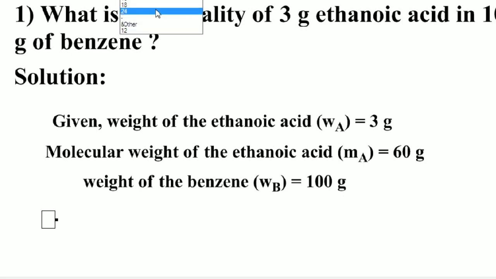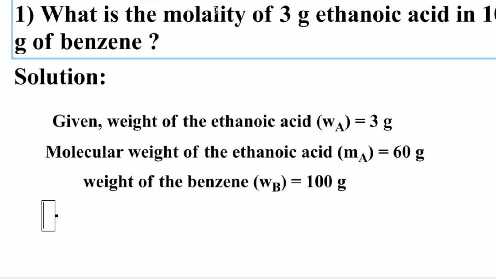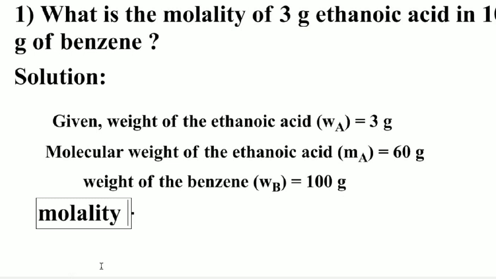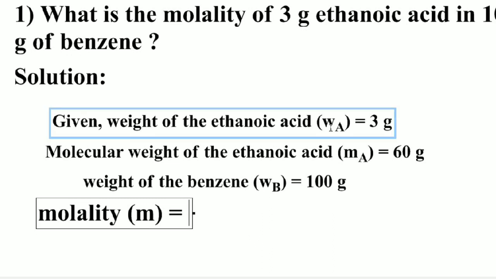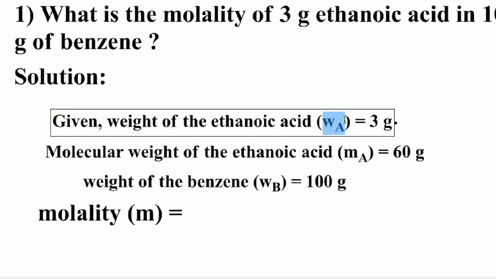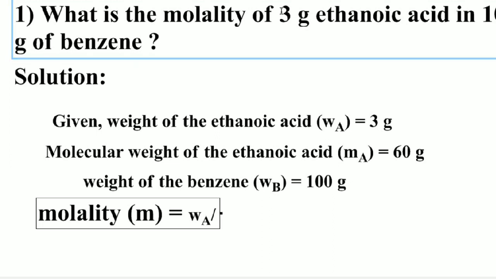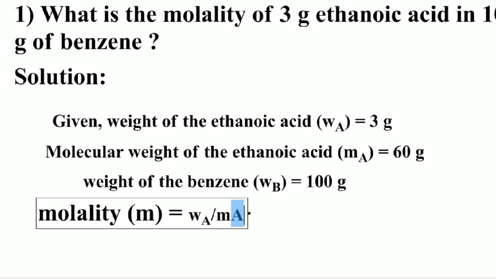Therefore students, we know the formula of molality. Molality is denoted with a small m. Molality m is equal to WA by MA into 1000 by WB.